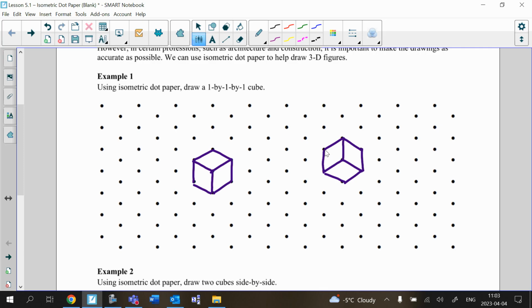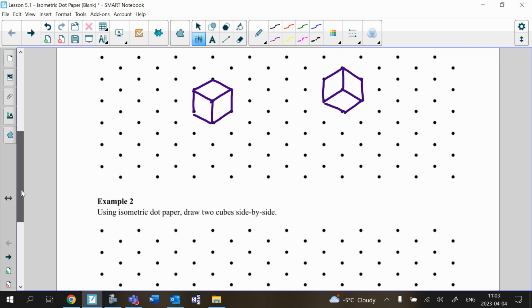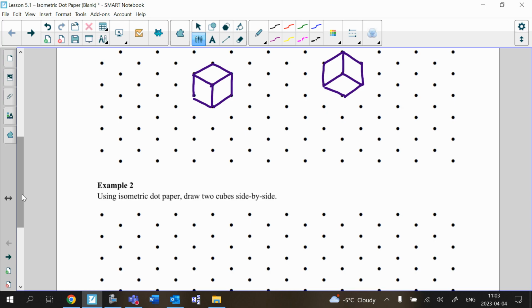But we're going to be drawing more complex shapes made up of several cubes. So let's take the next step. How would you draw two cubes side by side? See if you can do it. There's 6 different ways you could do it.